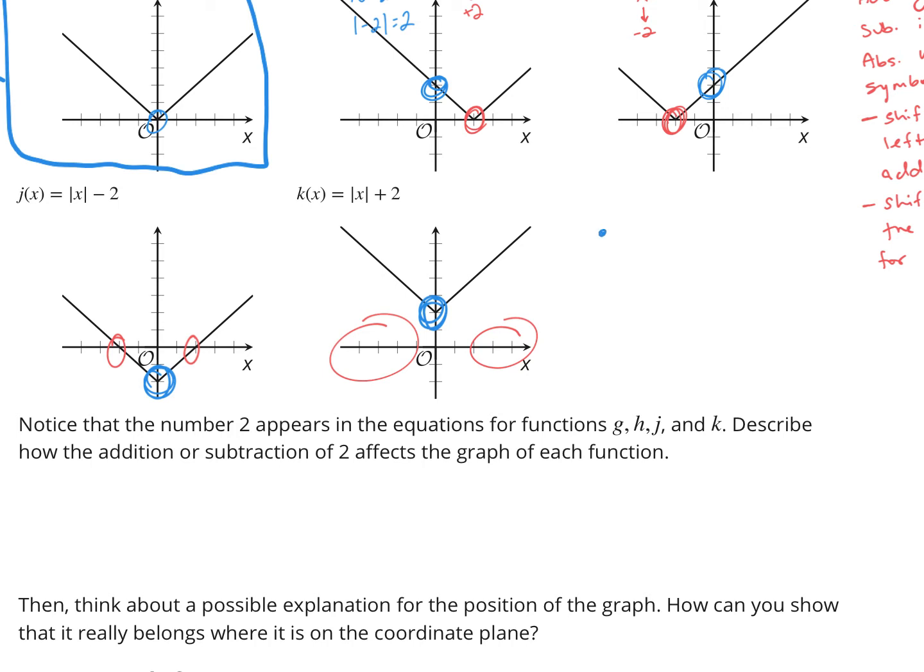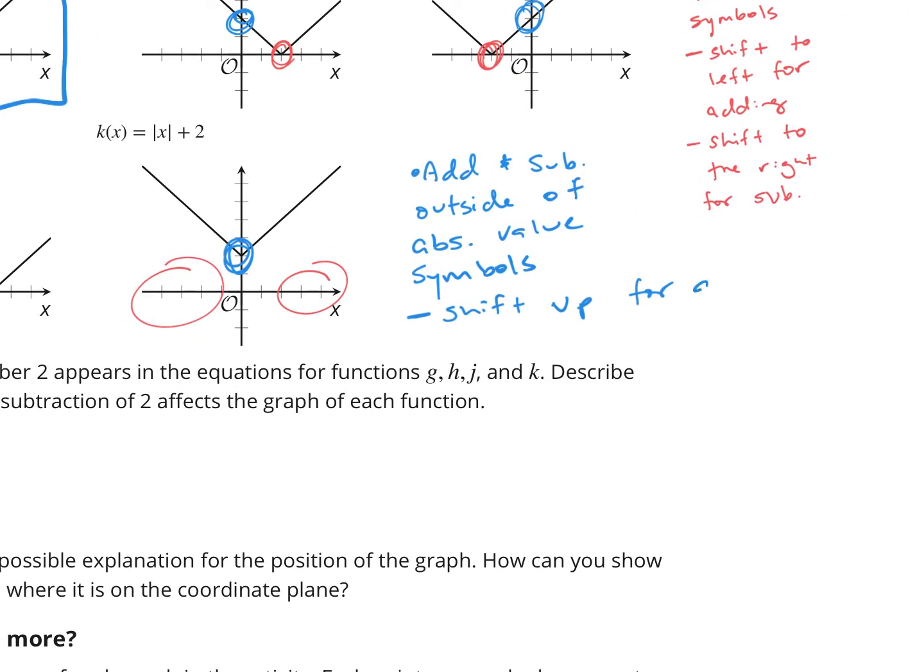So when adding and subtracting outside of absolute value symbols, you're going to shift up for adding and then shift down for subtracting.